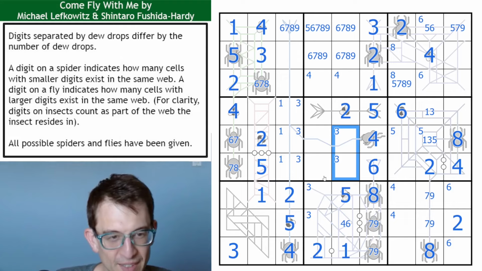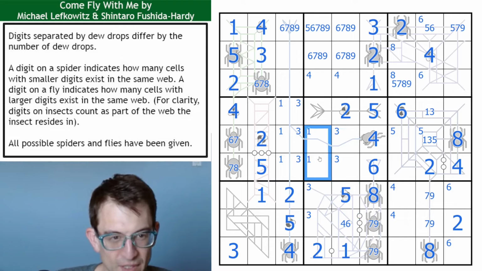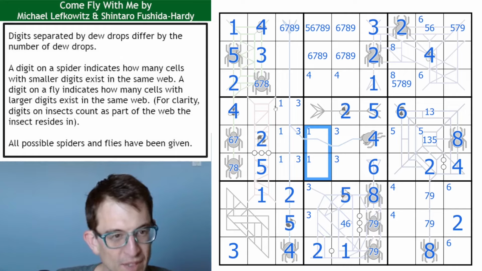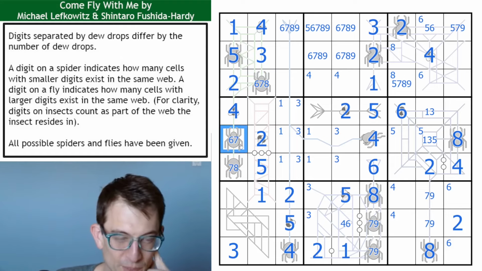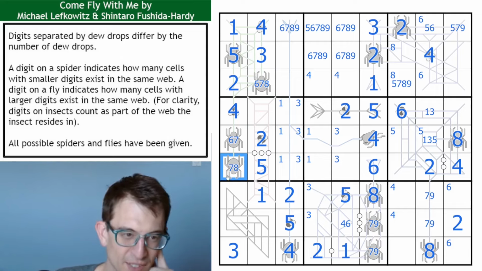3 is there. 1 is here somewhere. Okay, why did I end up with those had to be different? I don't remember. So I'm going to not assume that again until I figure out why.